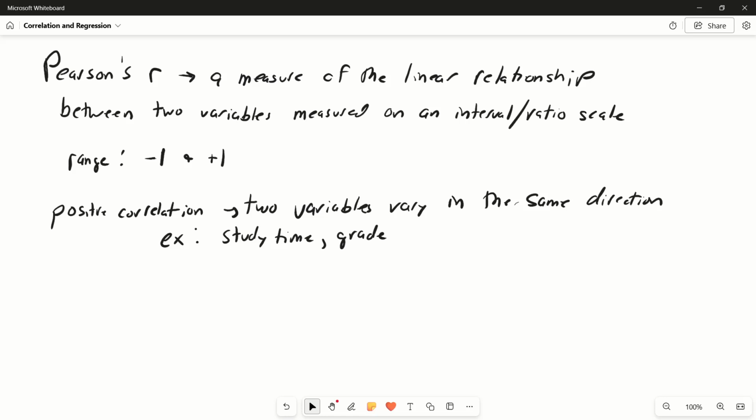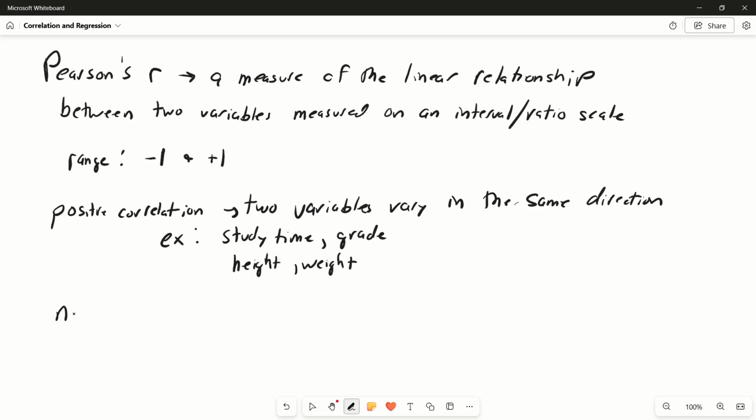So it's a pretty easy one to draw a conclusion about. I mean, height and weight. As height goes up, weight tends to go up. They're positively correlated, right? There's a lot of things that are positively correlated. Those are just a couple basic ones, right? Two variables vary in the same direction. They both either increase or they both decrease.